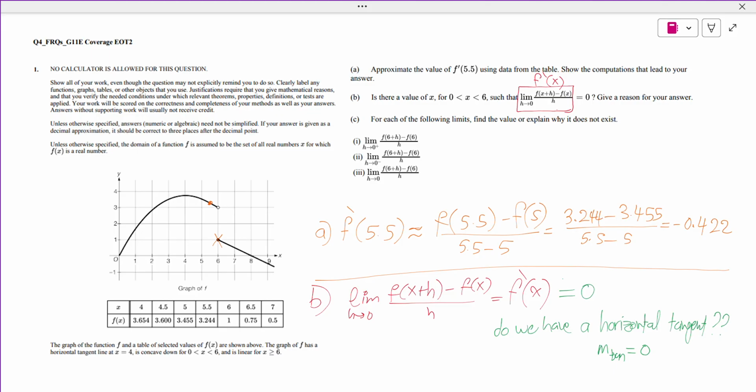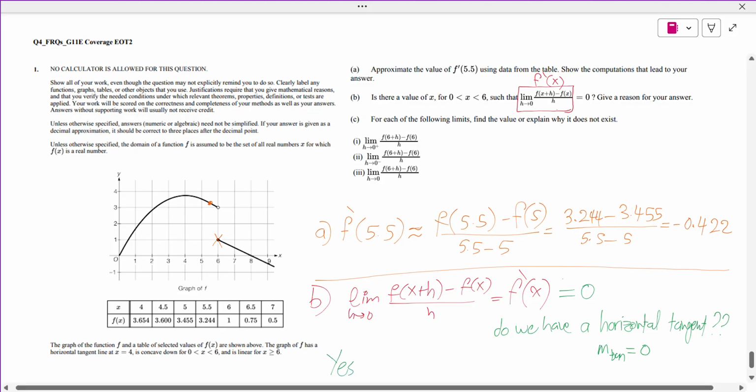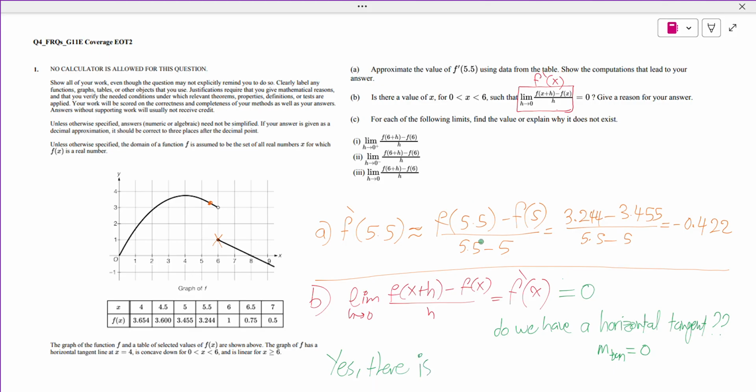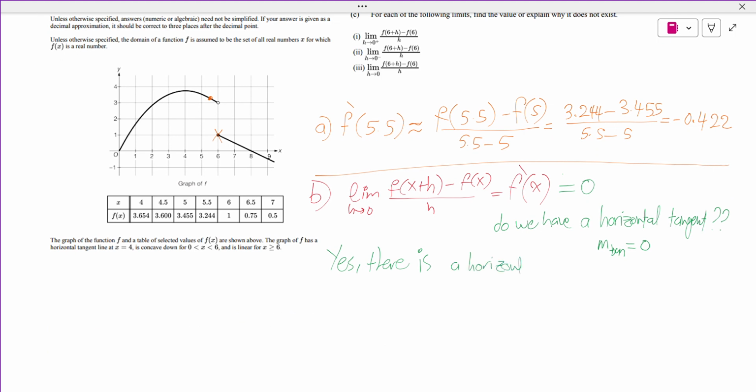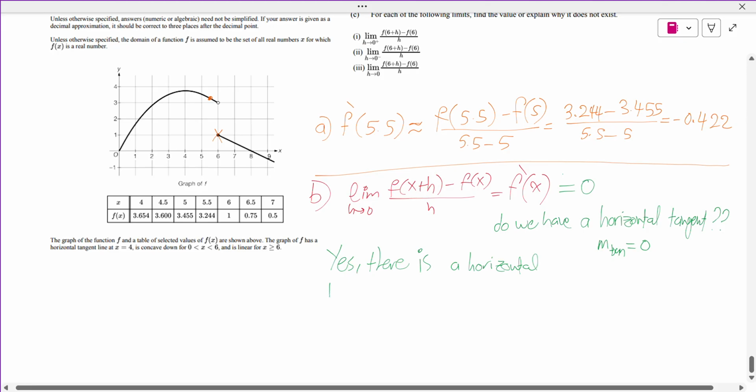So the answer should be yes, there is a horizontal tangent at x equals 4.